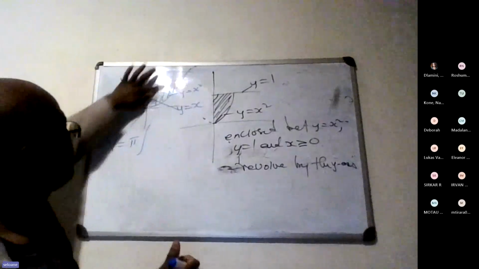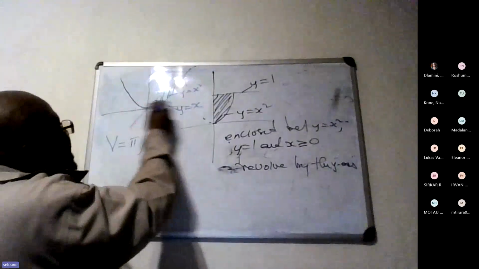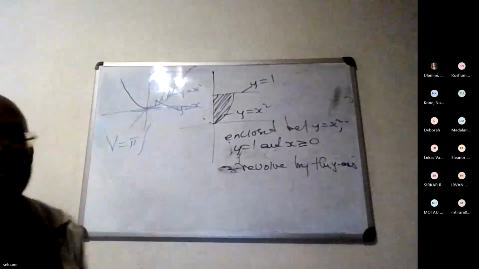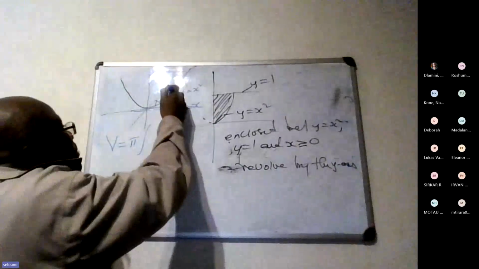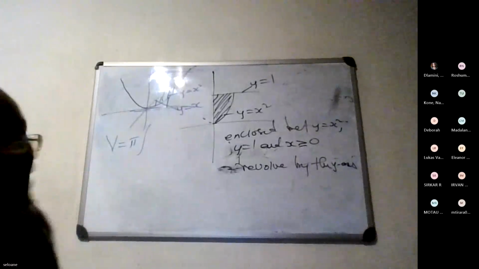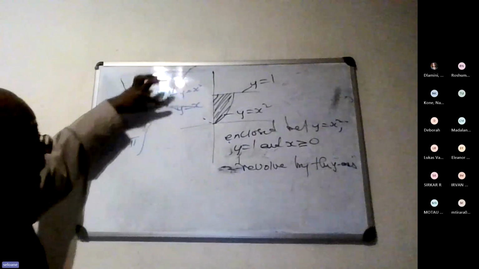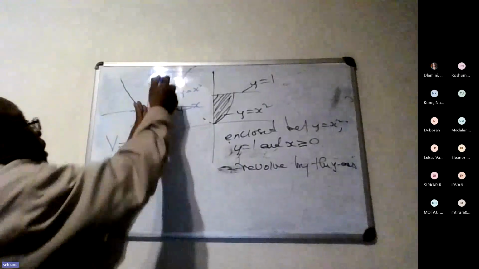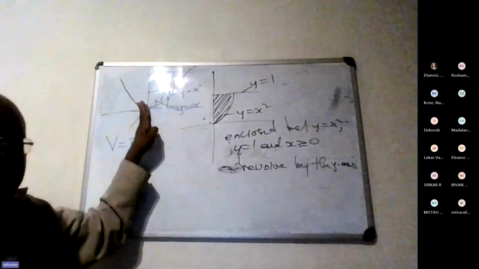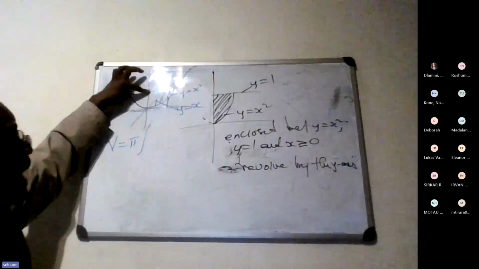The small r here, if you spin it like this, what will be the small r? It is going to be this. Because it's a vertical distance, it will be y here minus y here. But if you spin it like this, because it's a horizontal distance, it will be x here minus x here.